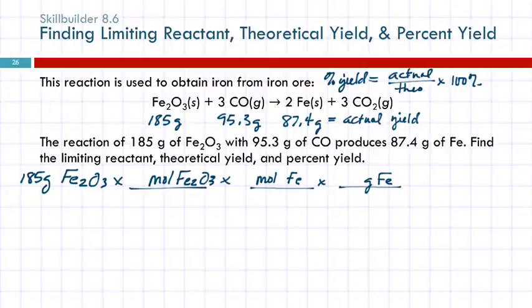So here I'm going to have grams of Fe2O3 in the denominator, because I want these to cancel out. And I'm going to have moles of Fe2O3 down here. So those cancel out. And moles of Fe down here.